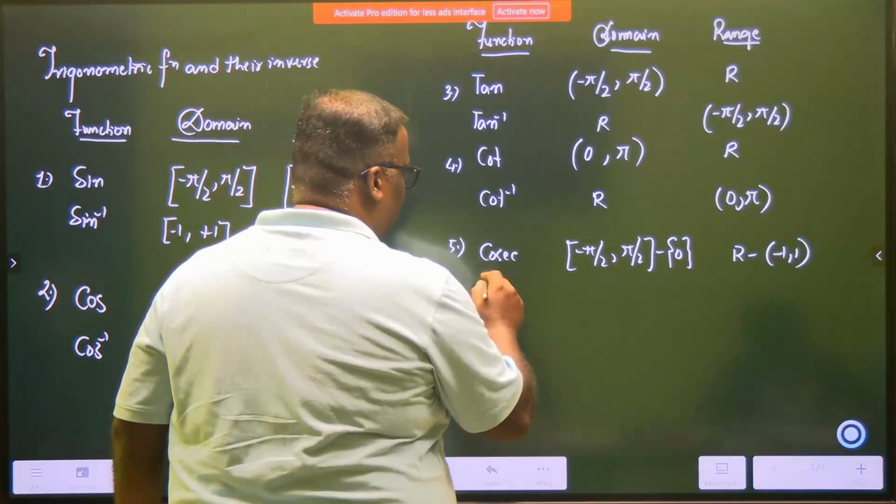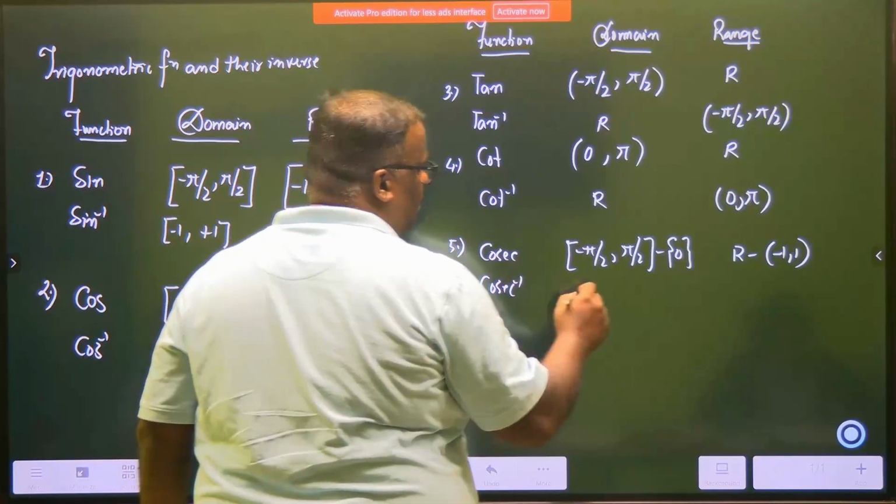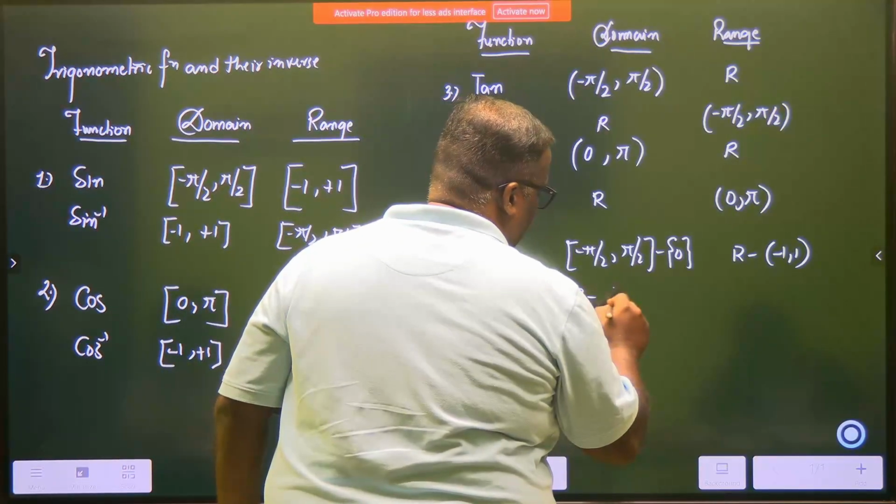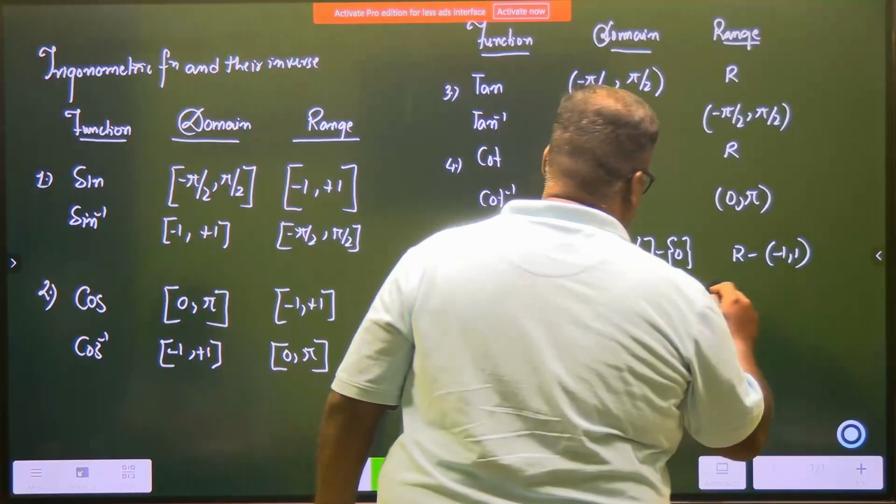So cosec inverse would be all real numbers minus the open interval negative 1 to 1.